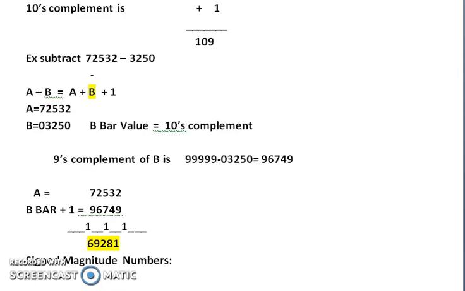Signed magnitude numbers means that earlier we were not considering the sign bit. For example, in this one we are not considering the sign bit. Here the sign bit is indicated at the MSB bit position.